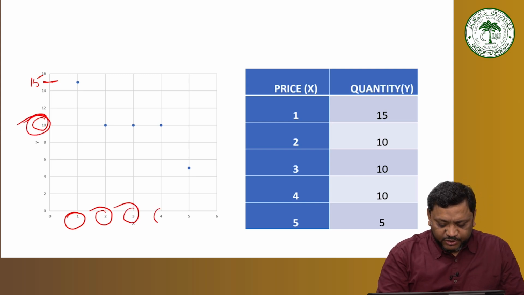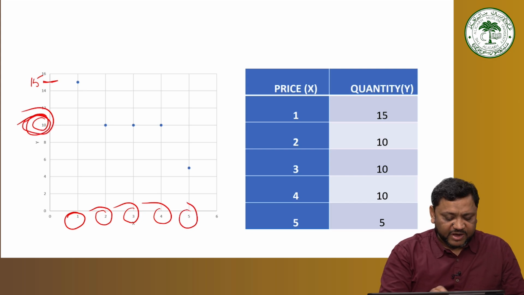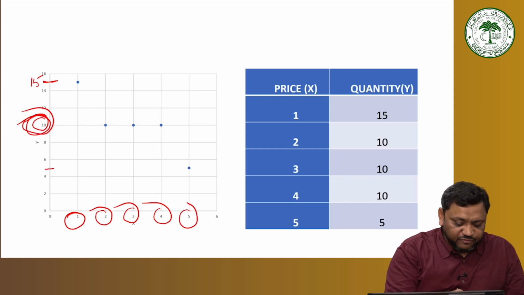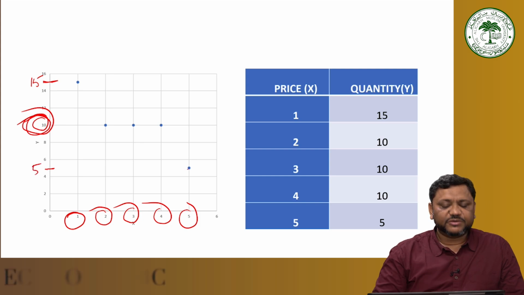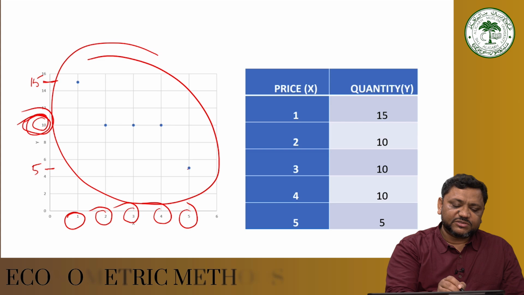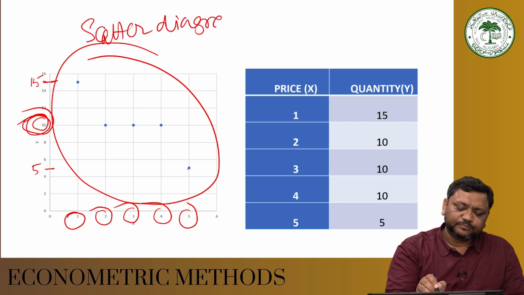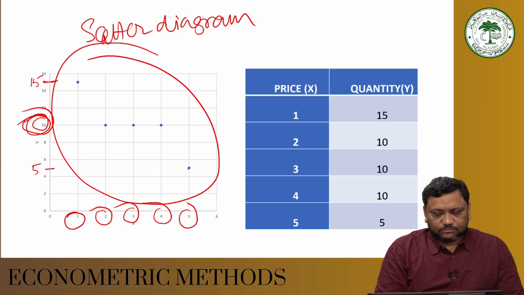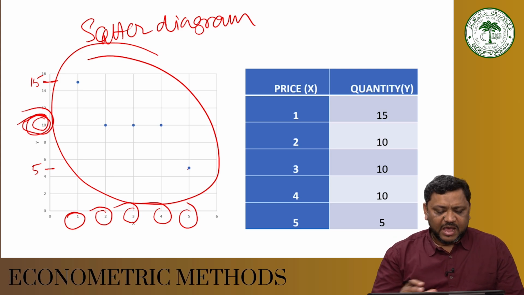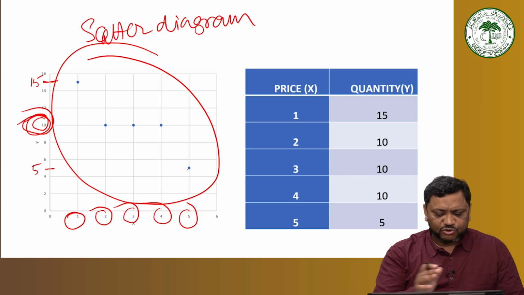When x is equal to 4, y is again 10. And when x is equal to 5, my y is 5. So we get these points. This is called a scatter diagram. We have taken raw data and plotted it in the form of a scatter diagram so you can have a feel of the data.